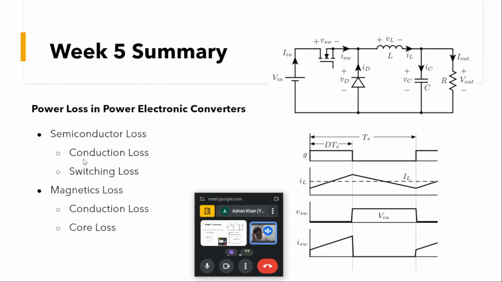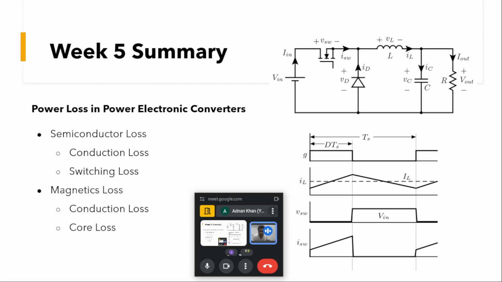This was one of the losses in our devices, which we shall go into in detail, like how it is calculated, in the subsequent slides.